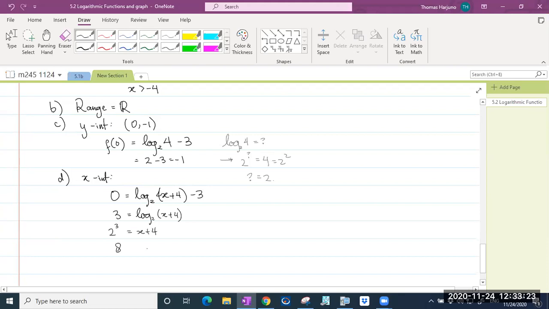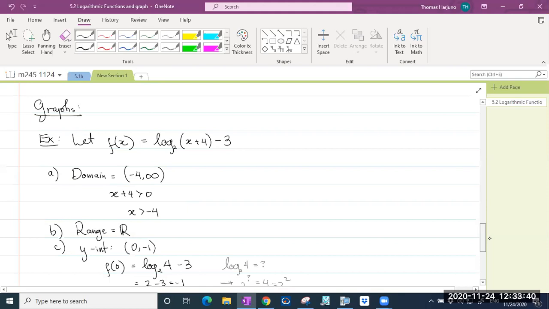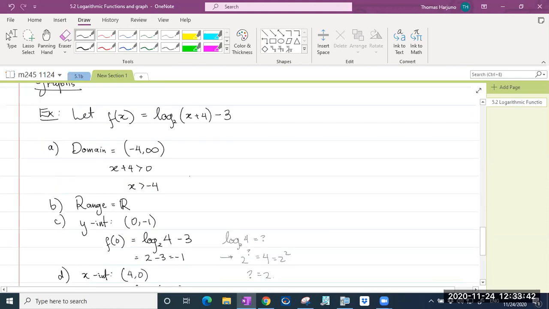From there we get x equals 4. So the x-intercept is (4, 0). Now, how about the vertical asymptote? You will see that the vertical asymptote always follows this: what makes this equal to 0? So the vertical asymptote is x equals negative 4.